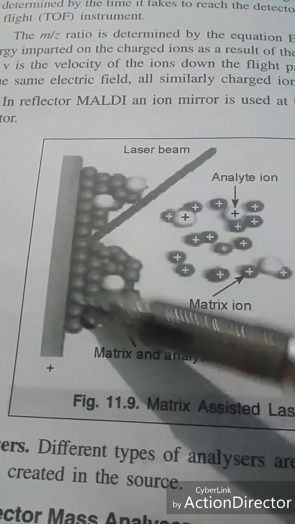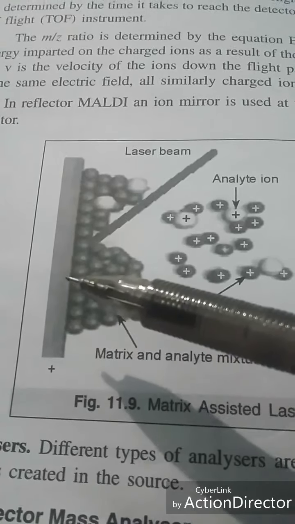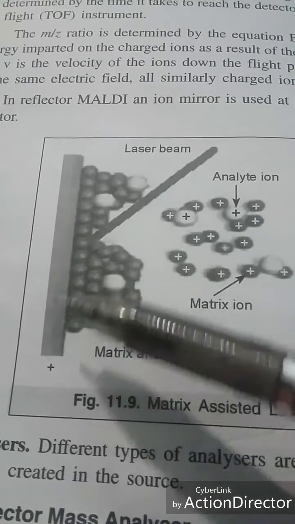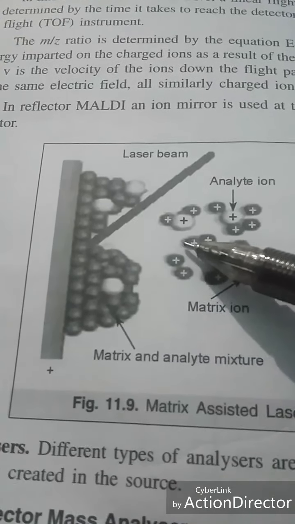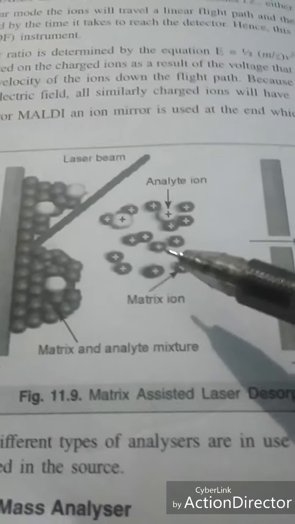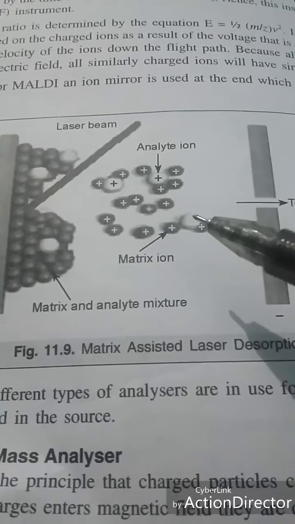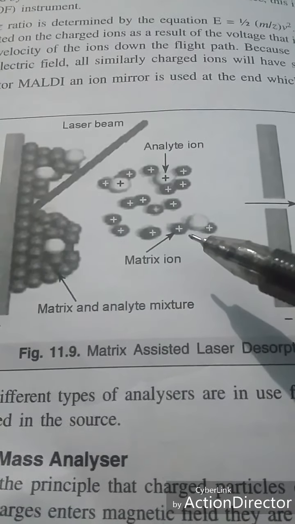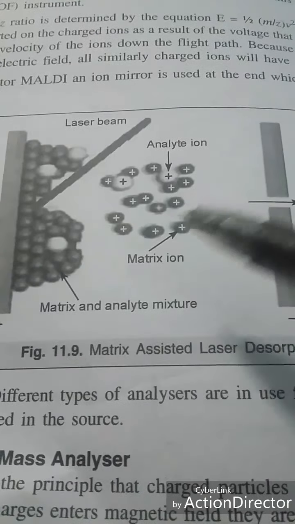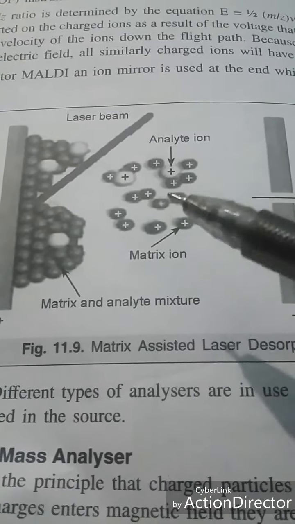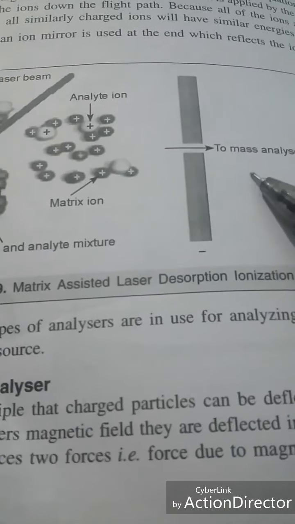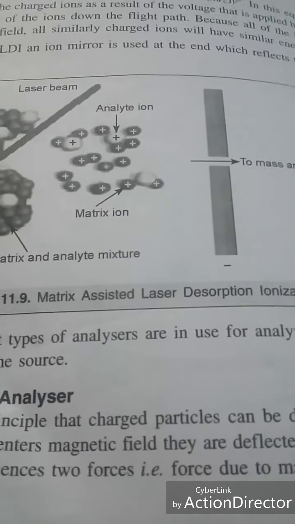The sample is initially mixed with the matrix, which absorbs the radiation and transfers protons to the sample, producing singly charged ions. To accelerate the resulting ions in the flight tube of the mass spectrometer, they are subjected to a high electric field. Finally it goes to the mass analyzer.